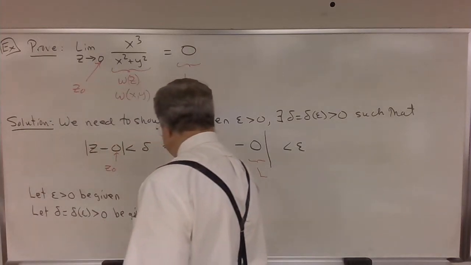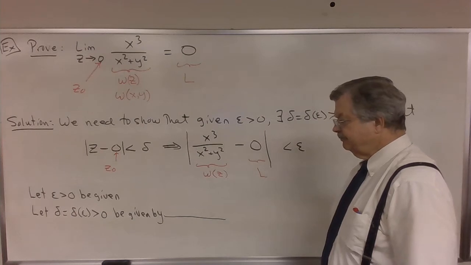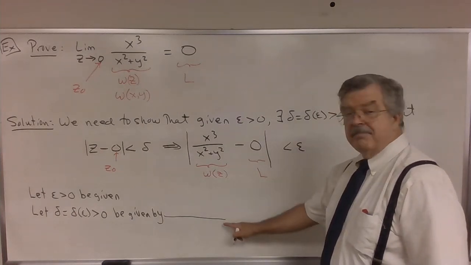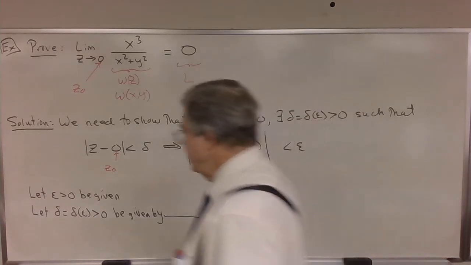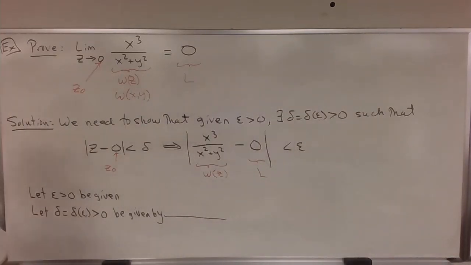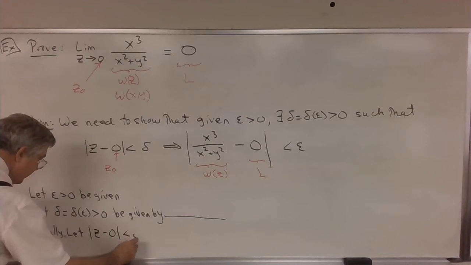I have absolutely no idea what delta should be, but I'm going to pretend like I have the answer. And then I'm going to say, finally, let the absolute value of z minus 0 be less than delta.